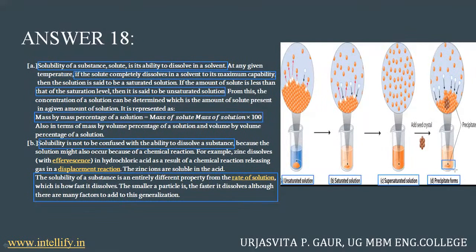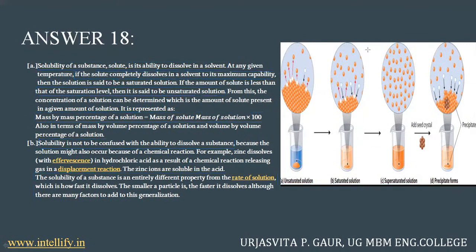You can see the precipitate has already started forming, but till now we just need to take into consideration what is a saturated solution. So yes, when the complete amount of solute has been dissolved into the liquid, in the amount that it can actually hold, then that is what forms a saturated solution.